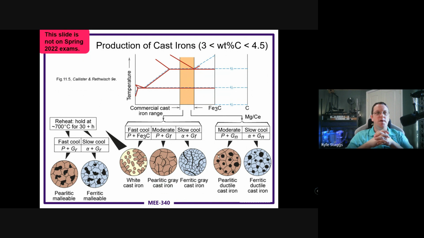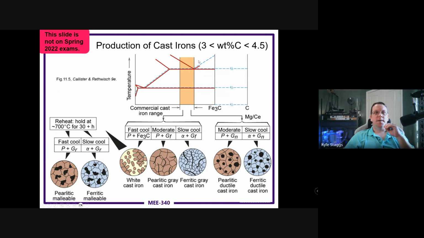If you reheat and hold at 700 for 30 hours, so you go really up high in temperature and hold for several hours, depending on how quickly you cool it, what will happen is you'll cool it down and you'll sometimes follow a grain boundary through, or you'll follow one of these phase lines down, and then follow down again as you're cooling in the region.